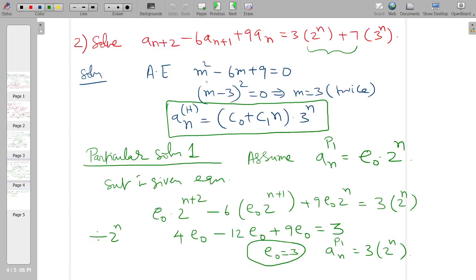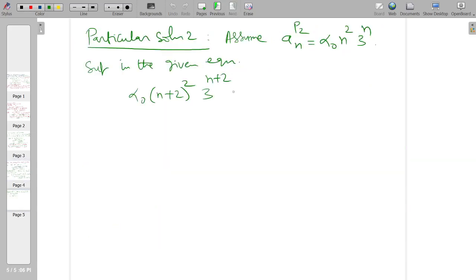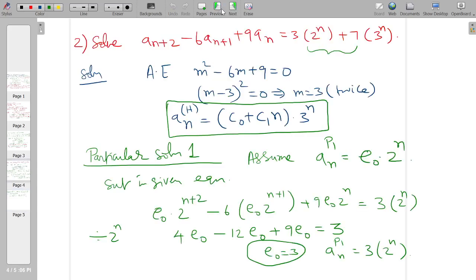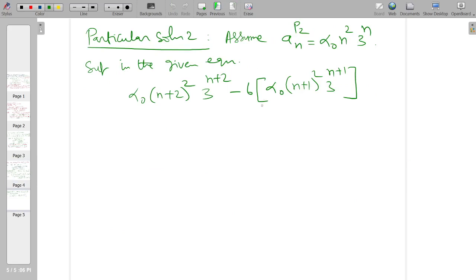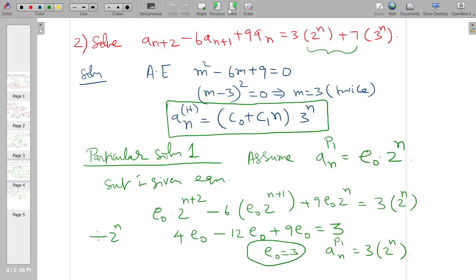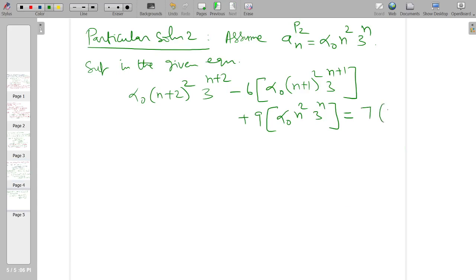Then minus 6 into alpha naught n plus 1 the whole square into 3 power n plus 1, plus 9 alpha naught n squared 3 power n, and this is equal to, what about the right hand side? I have 7 into 3 power n.